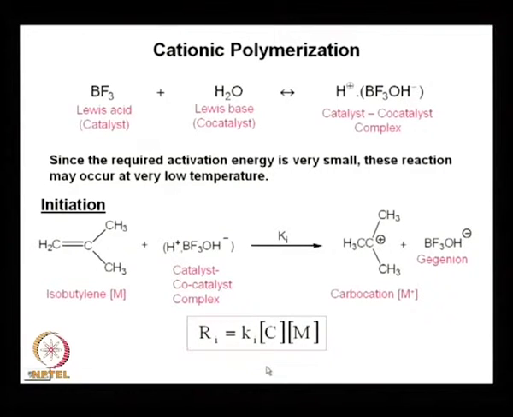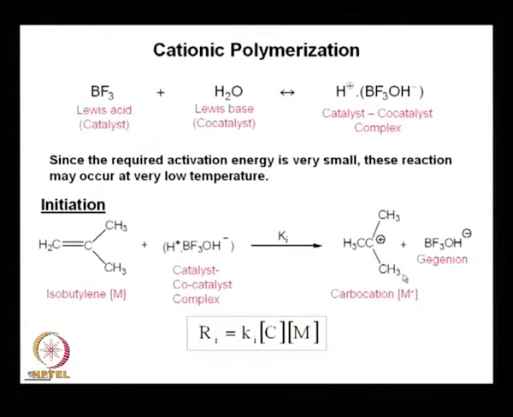You will see later that the kinetic chain length remains independent of catalyst concentration, and that one event of initiation by this process can lead to a large number of polymer chain growth.